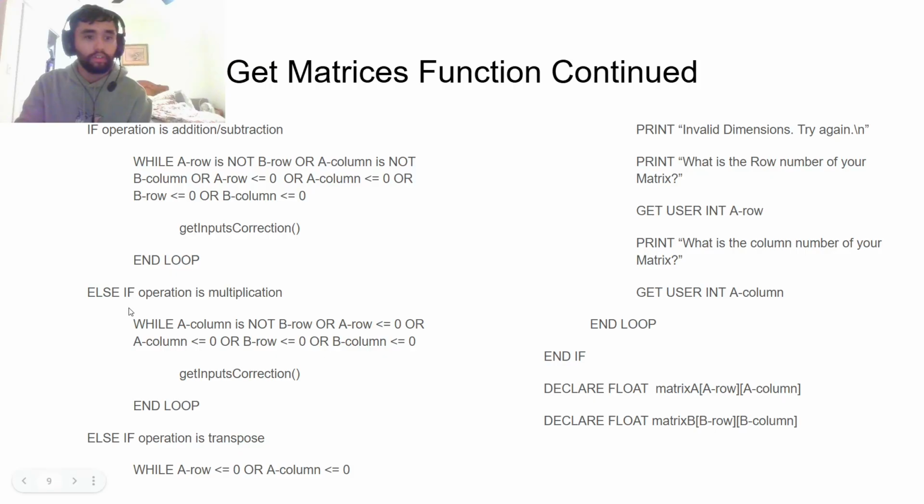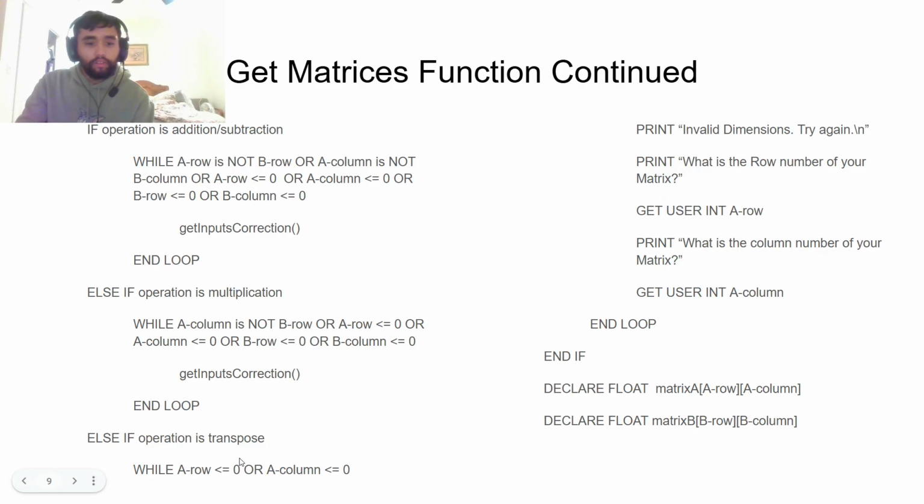You saw it earlier. This one is the multiplication condition, where it's checking the column number of A and the row number of B, checking if they're equal. If they're not, then you can't multiply. And then if operation is transpose, all of them just check if it's a positive value.